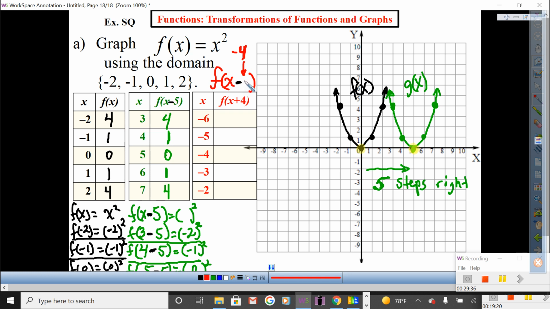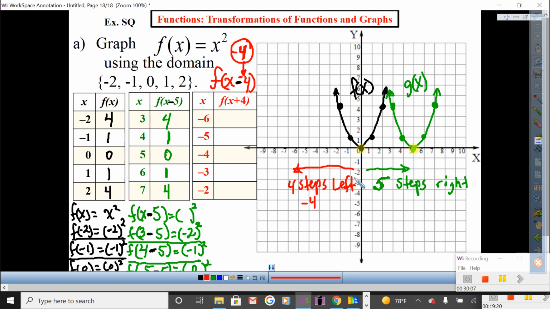If I substitute negative 4 in here, what is negative times a negative? Positive. So what value are we going to substitute? Negative 4. This one was positive 5 and it moved it 5 steps to the right. This one is negative 4 and it's going to move it 4 to the left. That is correct. 4 steps left. Why? Because it's a negative 4.